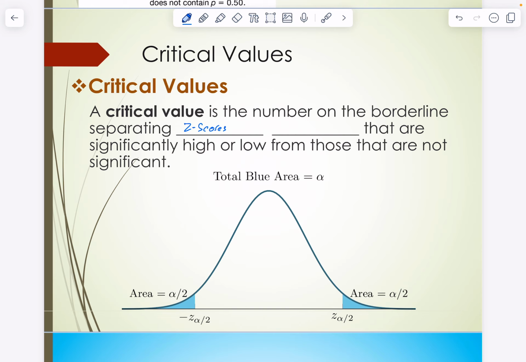And so the total blue area is alpha, and z alpha over 2 is the particular z-score whose area to the right is alpha over 2, so that the total area on the sides is alpha.